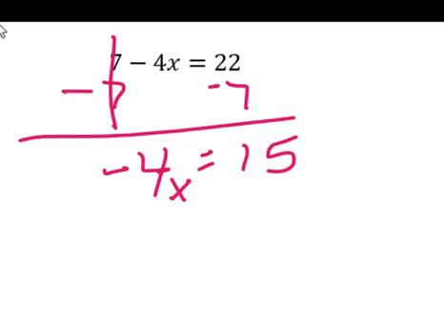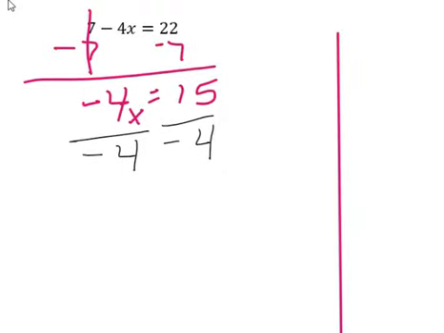Well, I'm going to take my coefficient here and divide both sides by it. Notice I'm dividing by negative 4 on both sides, negative 4, because that belongs to that 4. Negative 4 divided by negative 4 equals a positive 1, a positive 1x. And this here, 15 over negative 4, there's nothing more I can simplify here because they don't have any common factors.